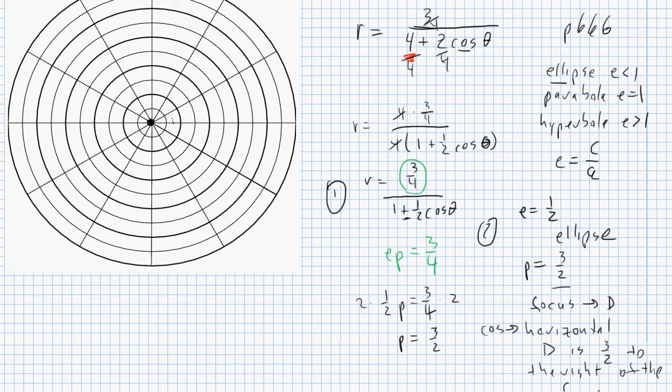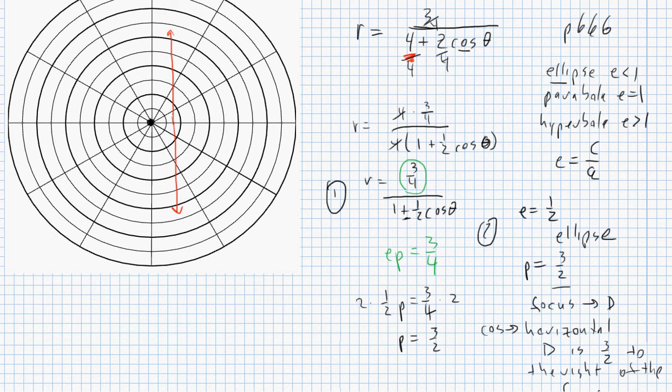Now since the ellipse is horizontally oriented, that means that our directrix is going to be vertically oriented right here at 1.5.